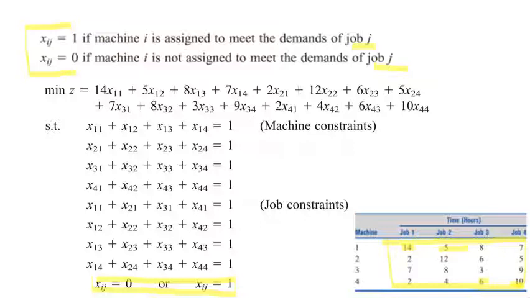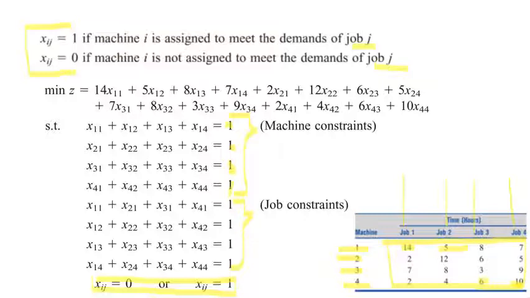Similar to the transportation problems, we have machine constraints here. You can think of this as the supply constraint in the transportation problem. But you see that each machine can only supply one unit, which means that one machine can only do one job. And for the demand point, we have the job constraints here, and the demand equals 1 because one job only requires one machine.